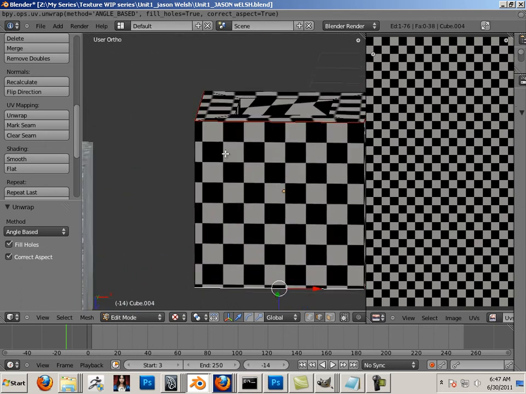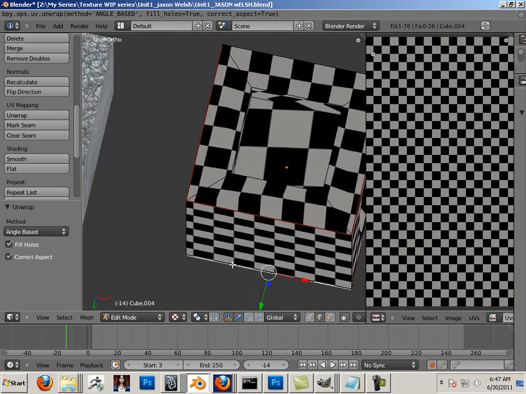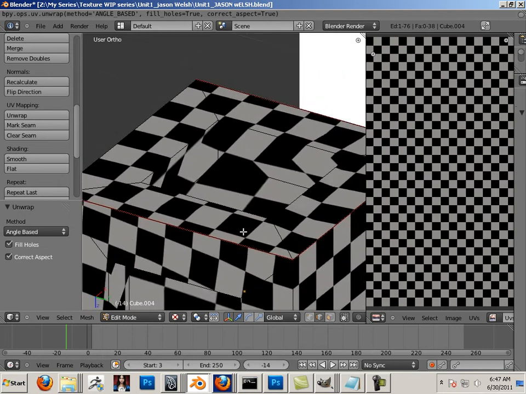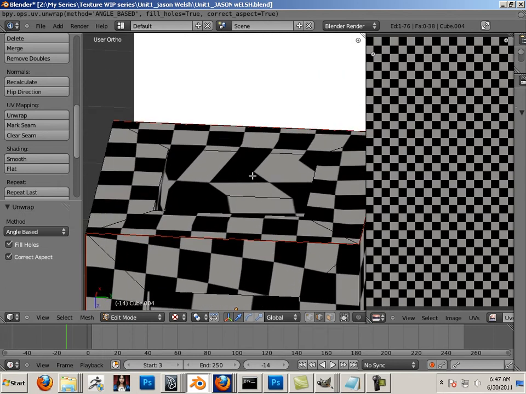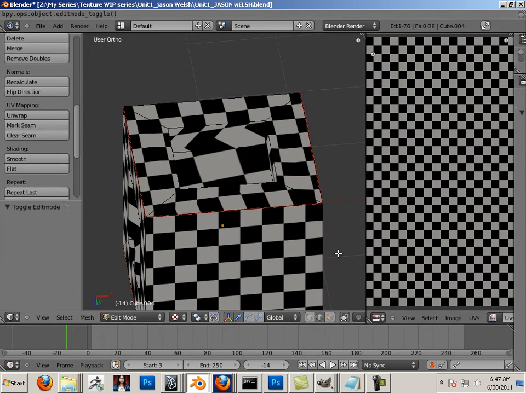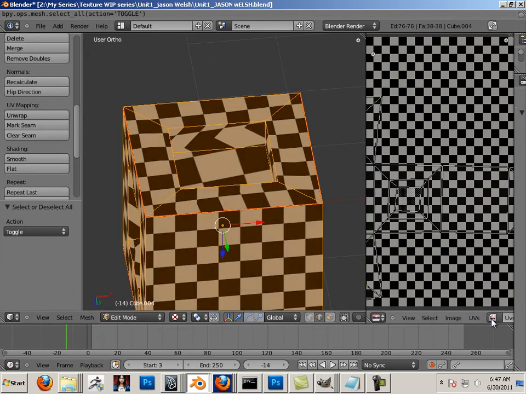Alright, well, the outside edges, not too bad. But look what happens when it meets this. It gets really jacked up. Okay, what does that look like with a procedural type texture?